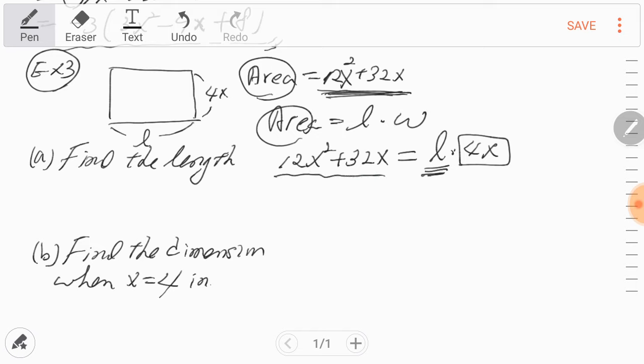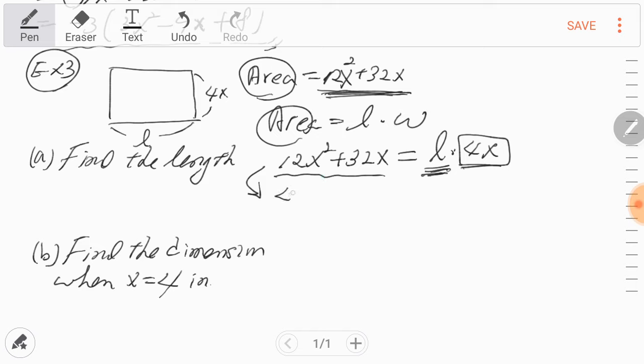So if one of the factors is 4x, then the other factor is the expression for the length. So let's factor the area expression. So 12x squared plus 32x, the common factor is 6? 6 is not a common factor, so 4 can divide 12 and 32.